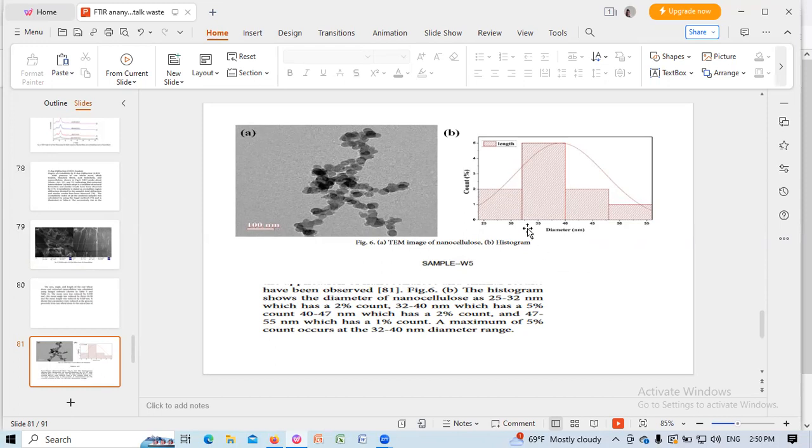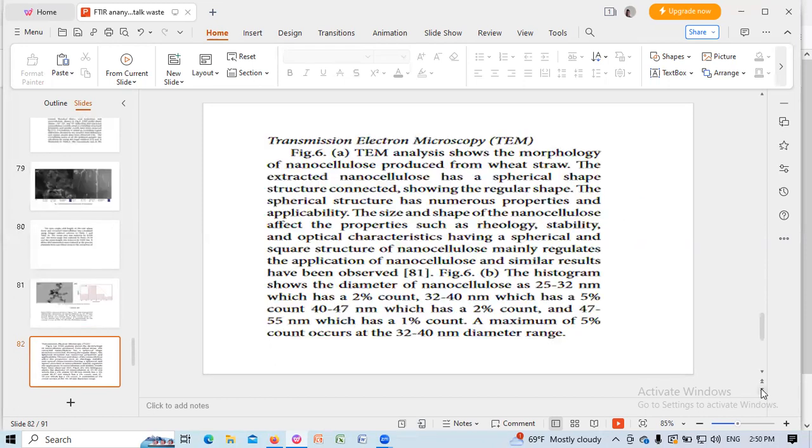This is the explanation of TEM of nanocellulose.